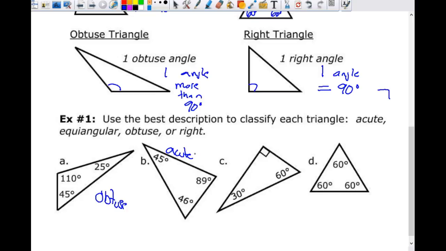Brian, what type of triangle is this? Why is it a right triangle? Because of the right angle. Brianna, you can choose someone. Adrian, what type of triangle is this?